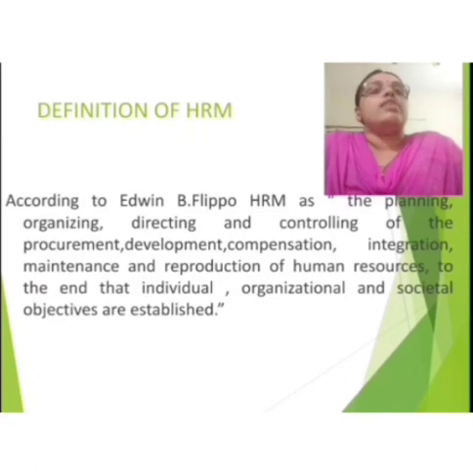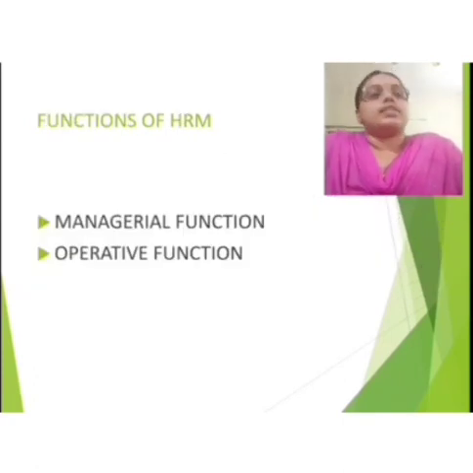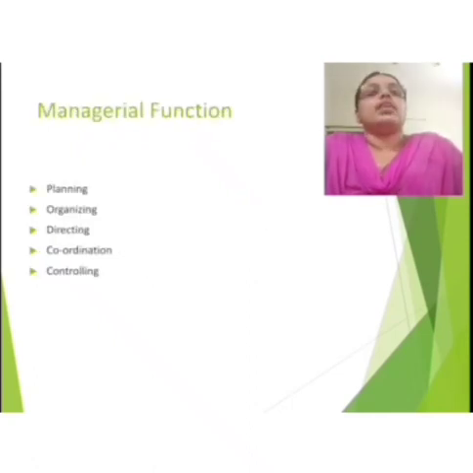Next is the functions of HRM. The HR manager is required to perform various types of functions. These functions can be classified into two types, managerial functions and operative functions. The first function of HRM is managerial function.